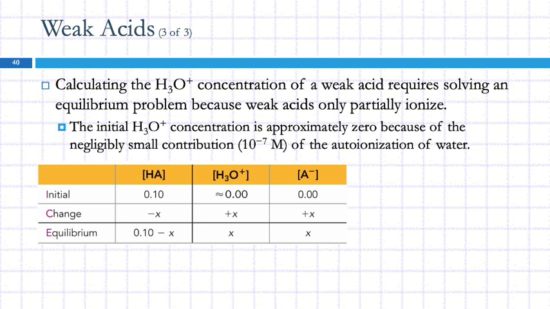It's 10 to the minus 7, but most of the time we can ignore that. And the concentration of the conjugate base is also 0. Then we put in the changes, and then we add those two rows together, and we get the equilibrium expressions. We stick that into the Ka, and we can calculate what x is.